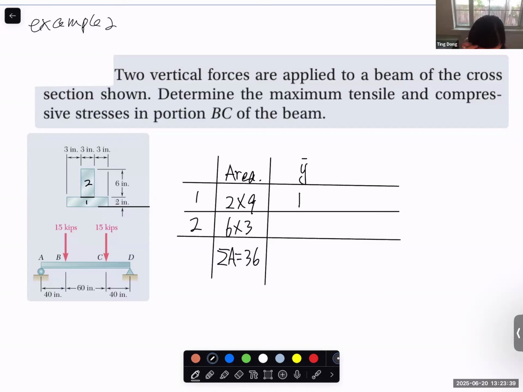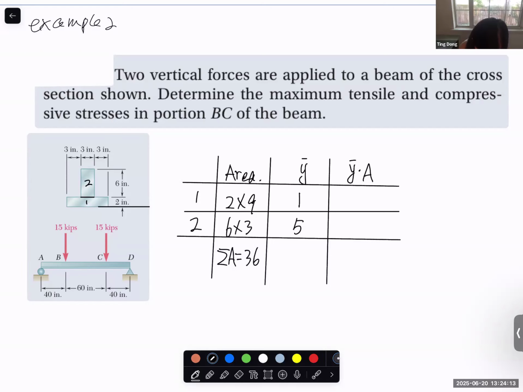The y bar for the second area, the rectangle cross section, is the distance between its centroid and the reference line. The centroid, you should imagine, is of course at the middle point, so it should be 3 plus 2, 5. This is the y bar for the different areas. And now we can have the y bar times A. That's how we find the centroid.